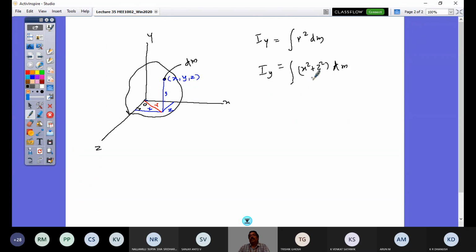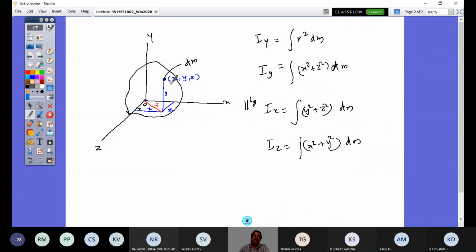Similarly, I can get Ix, which would be the integral of y squared plus z squared into dm. And Iz would be the integral of x squared plus y squared into dm. If the same is to rotate about the x-axis, then you have to consider a rectangular box here like this.